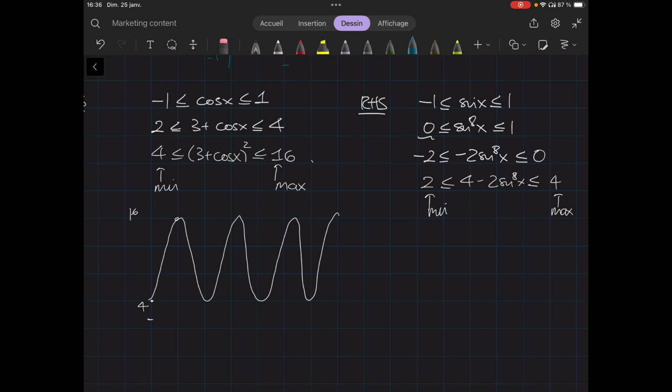So let's say it looks something like this. The only possibility for the left-hand side to be equal to the right-hand side is when the first equation reaches the minimum point and the right-hand side reaches the maximum point at the same x value.